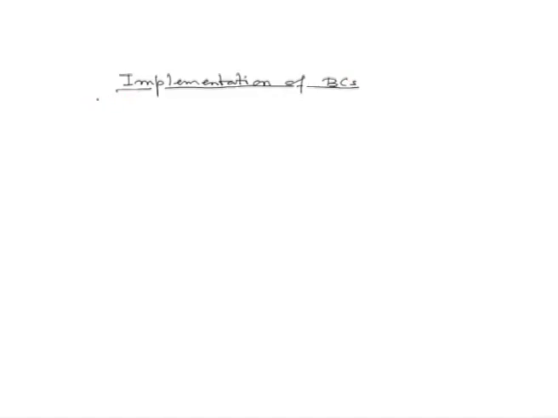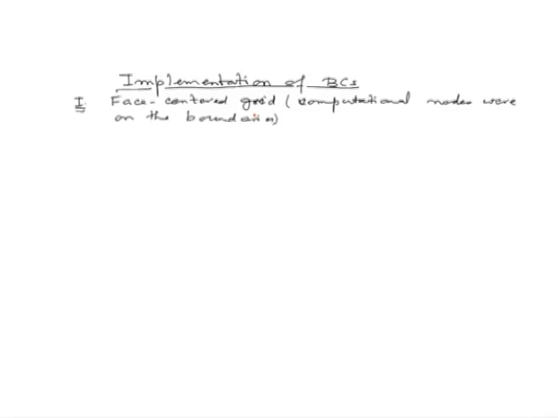The first one was the face centered grid, wherein the computational nodes were on the boundaries, that is, this was our domain and domain boundaries 0 and L. So, the first computational node was on the boundary.